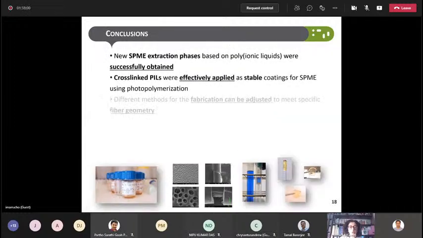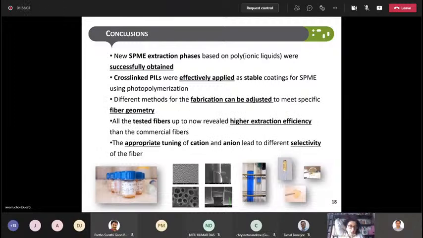Okay, so conclusions also from this part. This work on SPME extraction phases based on polymeric ionic liquids was very nice, and ended up in a very nice part, having all these pores. The pores really help in the extraction, but we need to tune the cation and the anion of the fiber in order to have selectivity.